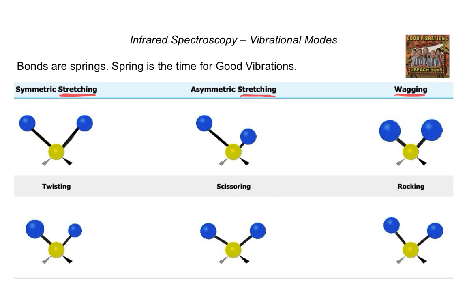Wagging, what is wagging? I think wagging is, so like stretching, if I'm sort of in plane like this, wagging would be like out of plane. So I'm the plane with the carbon, I'm doing either symmetric or asymmetric, but wagging, it's coming out of the plane.